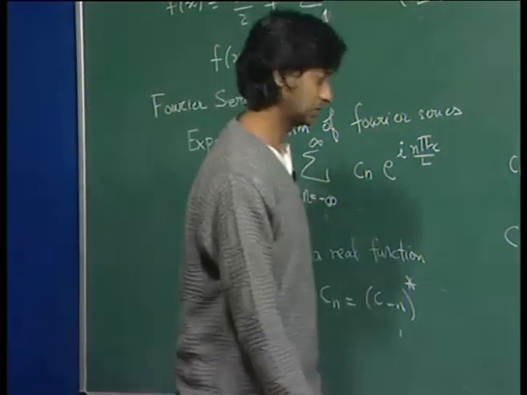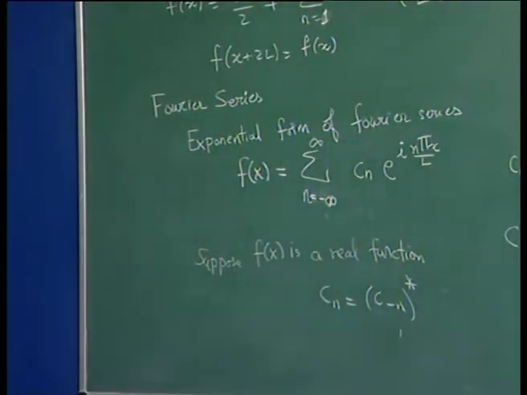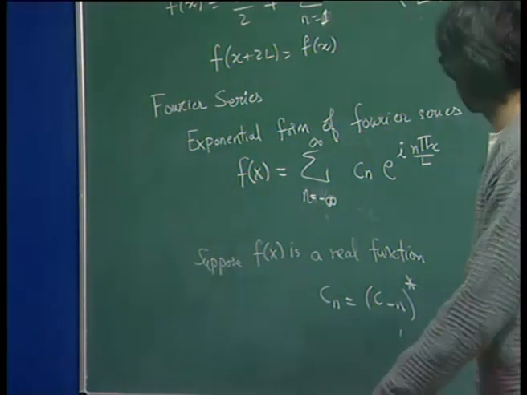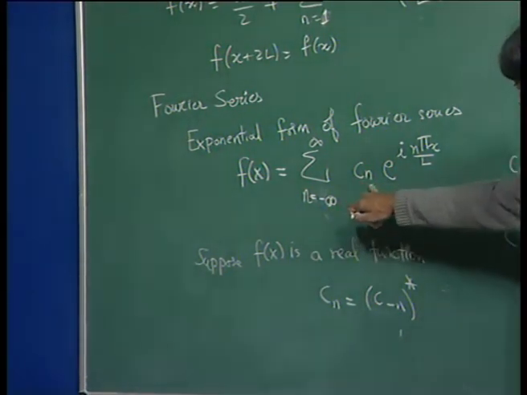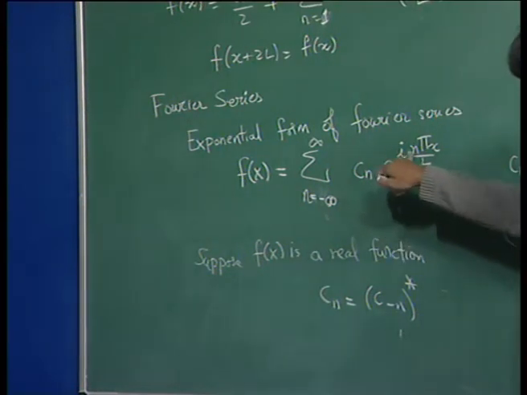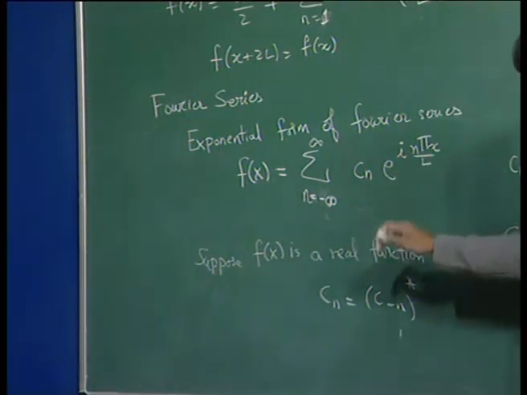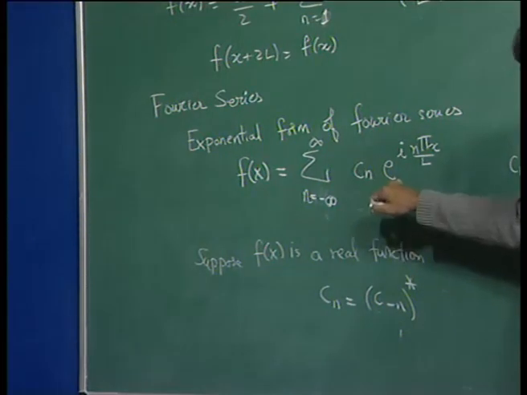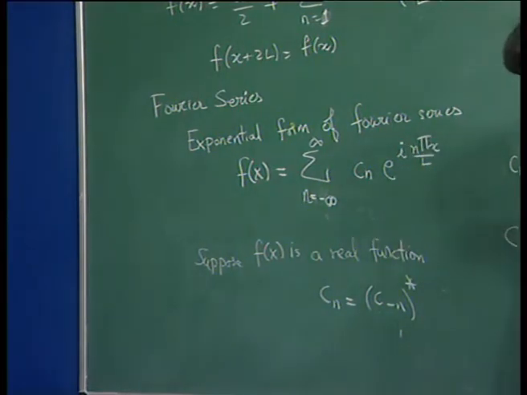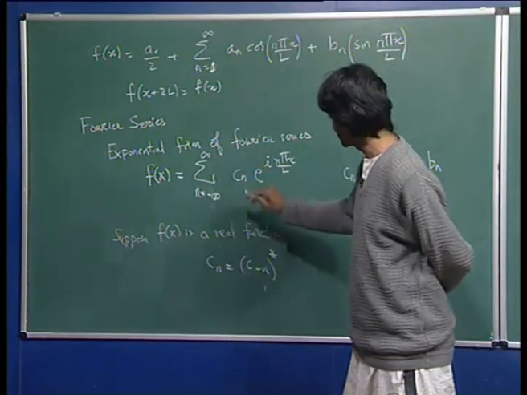This is something that you can show quite easily. To show this, you have C_n times e to the i n pi x by L, and you have C minus n e to the minus i n pi x by L.